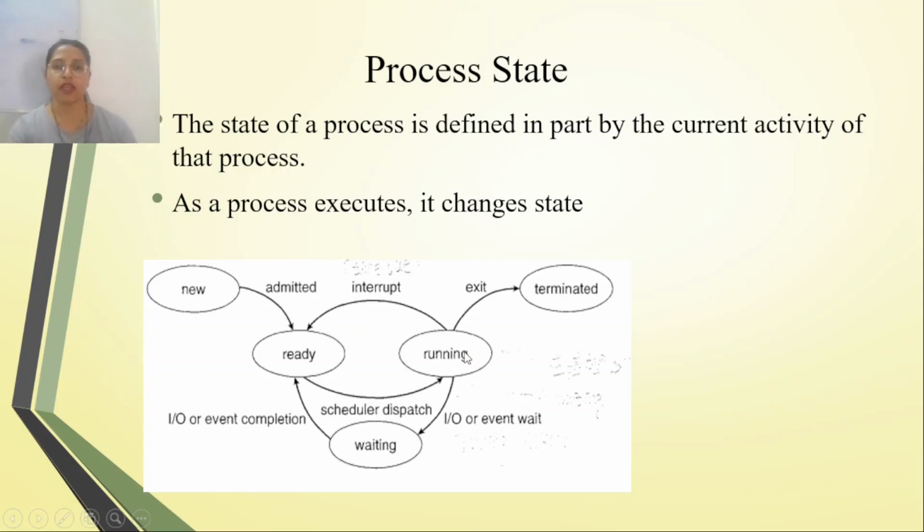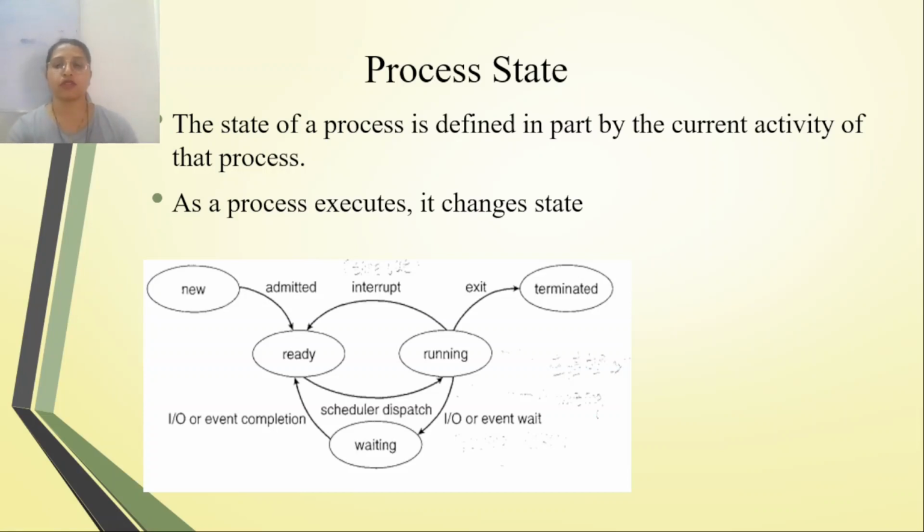It may happen that the processor is executing a process and some kind of interrupt happens, some kind of activity that the processor needs to pay attention to. In such a case, the switching may happen, so it moves to the waiting stage. Otherwise, if the process has been executed successfully, then it will be terminated. Otherwise, if some kind of problem happens, then it will be terminated in an abnormal manner.